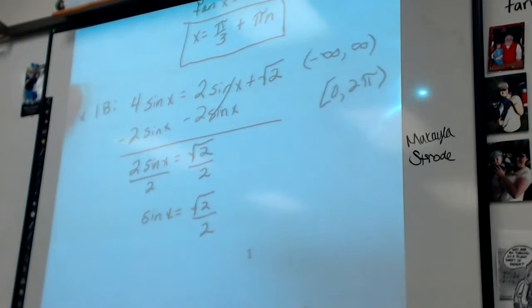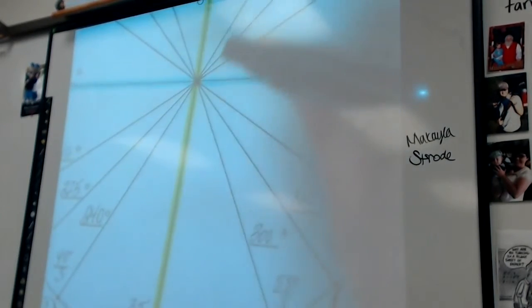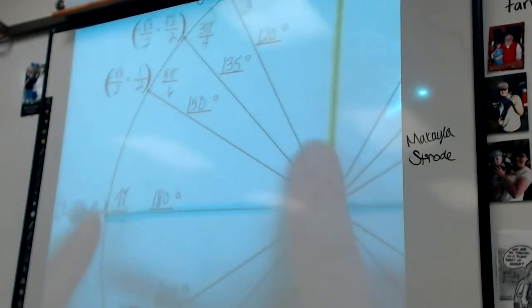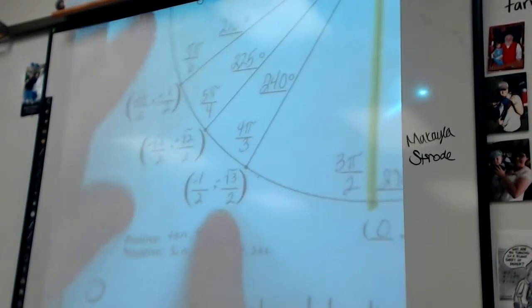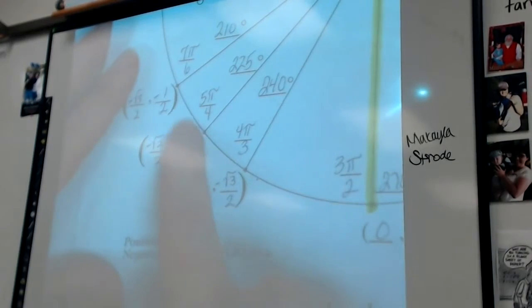That'd be like 45 degrees. Sine is our y value, right? So we got to look at the whole unit circle and find where y is square root of 2 over 2. Right there, pi over 4. And what about 3 pi over 4? Yeah, 3 pi over 4 is positive. Down here, 5 pi over 4 is negative, so it wouldn't be that one.